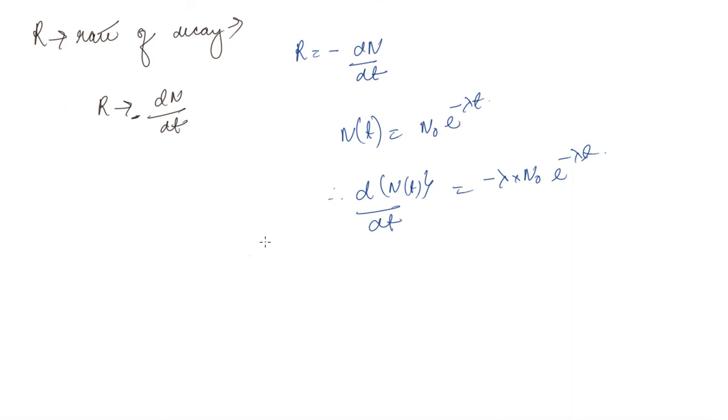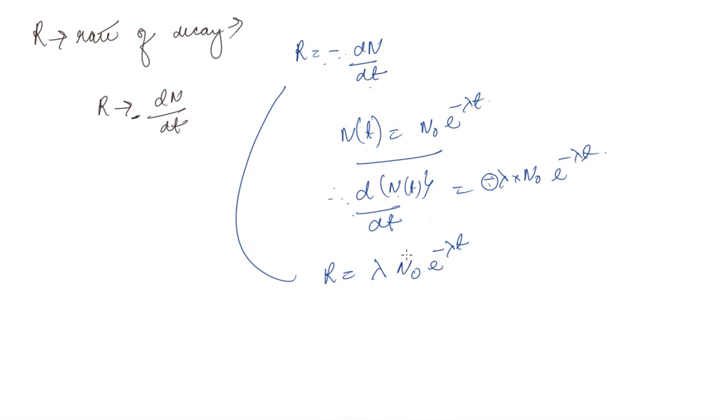So R, this is minus and this is minus, so minus minus becomes plus, which is equal to lambda N naught e to the power minus lambda t. R equals minus dN by dt, and dN by dt is minus lambda N, so the minus signs cancel. So this is R.